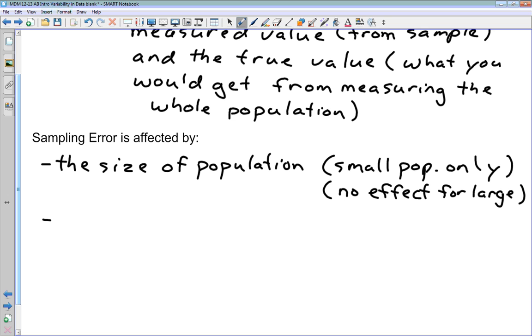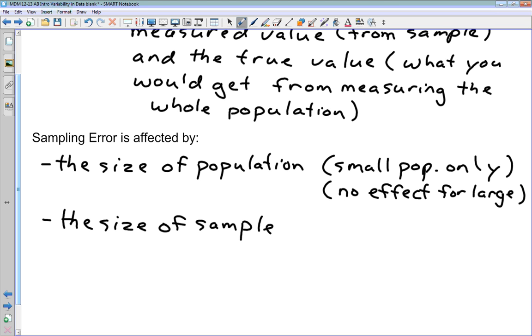A bigger effect on your sampling error is the size of the sample. Whenever you're taking a sample, it's up to you to decide how many individuals you want to choose.